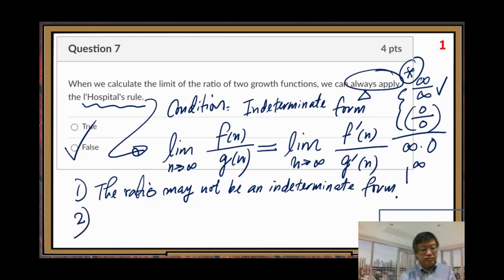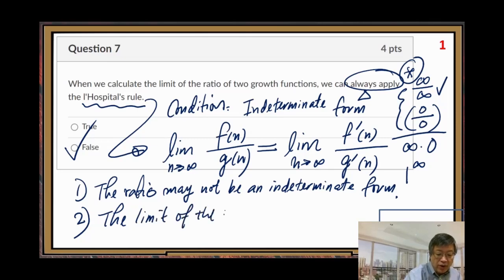Another case, even if the ratio is an indeterminate form, there is another possibility. The limit of the ratio may not exist.